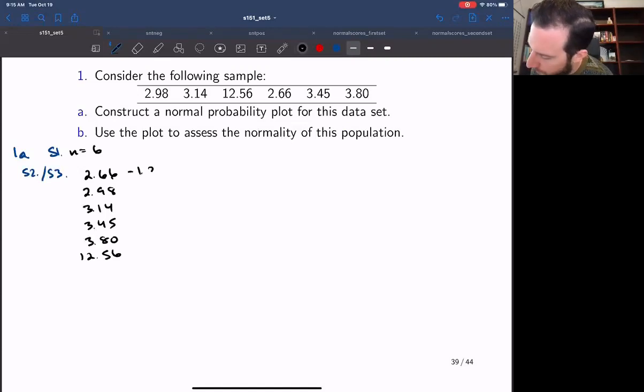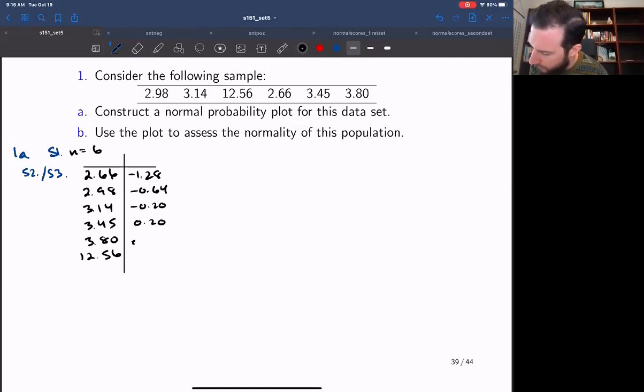So negative 1.28, negative 0.64, negative 0.20, 0.20, 0.64, 1.28.